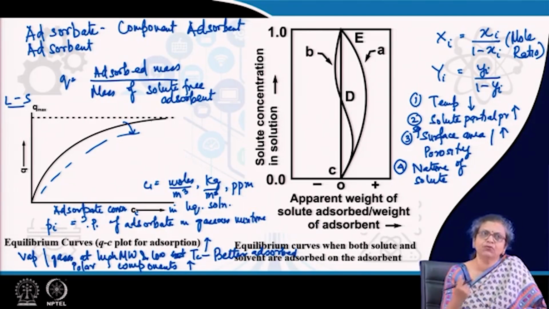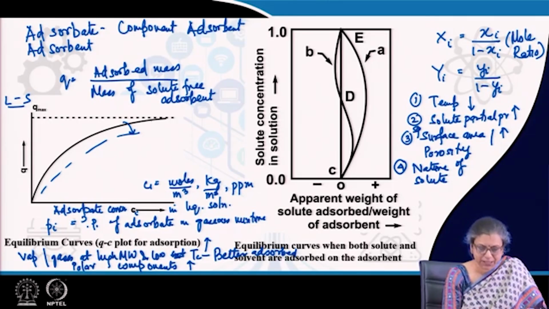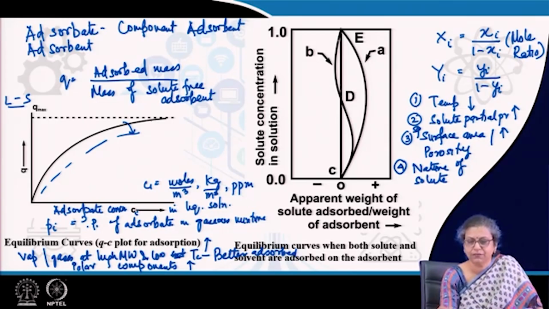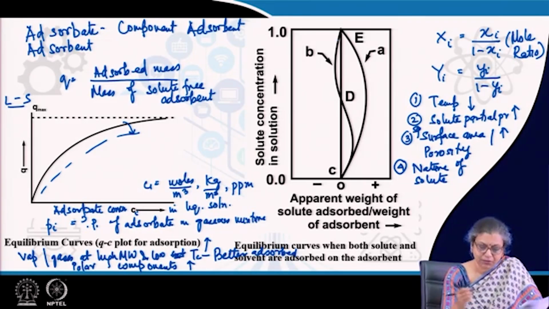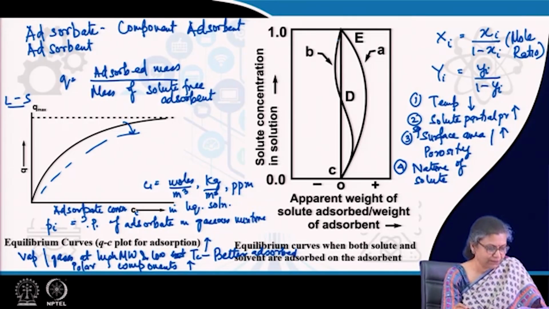Now, the moment some amount of solvent gets adsorbed, quite naturally the CI increases. The point is, in this particular case, as is evident from this portion of the curve, it actually appears that Q becomes negative under such a condition.